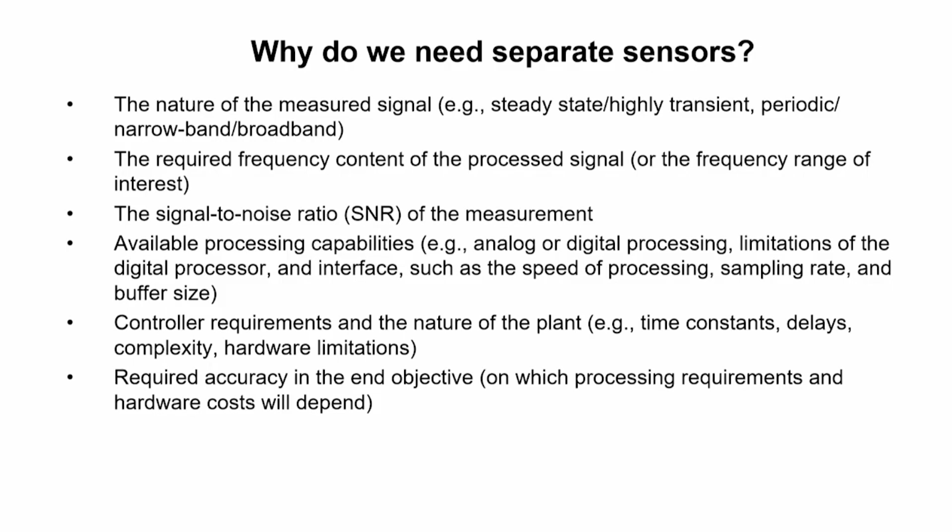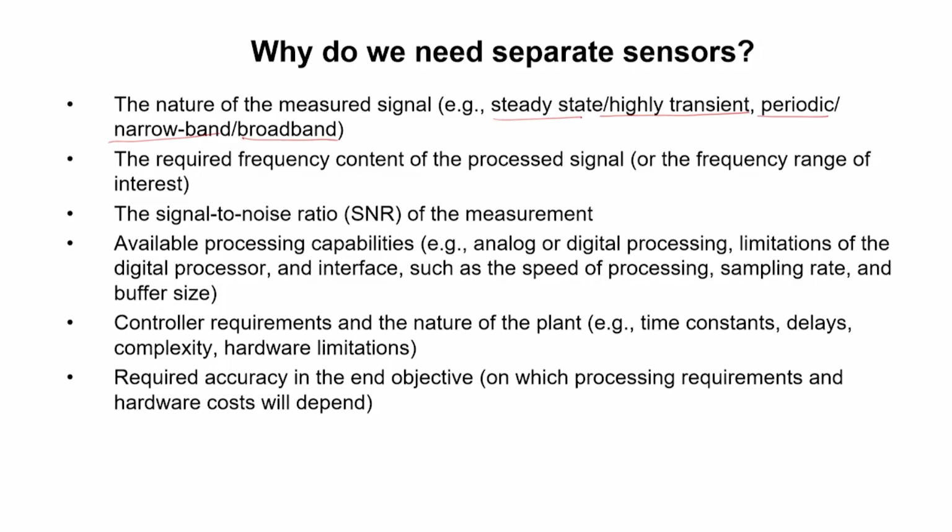The first point is that we need to always know the nature of the measured signal. Whether the signal is in a steady state or in a highly transient state, or whether it is a periodic signal, narrow band or broadband, that would need separate sensors in order to sense these characteristics of the signal.